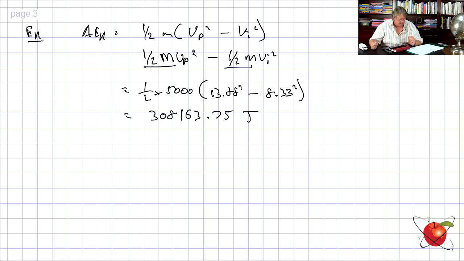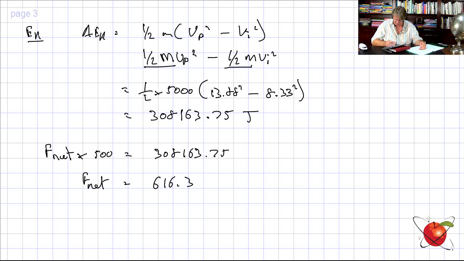Then we say, okie dokie. The next step is we go back and we say, right, F net times 500 is going to be equal to 308,163.75. Can you see it's just the same step, isn't it? Therefore, F net is going to be the same, 616.33 newtons. Why would you expect F net to be that?